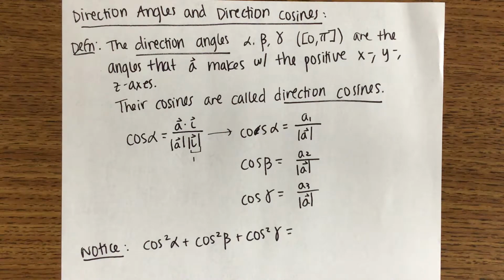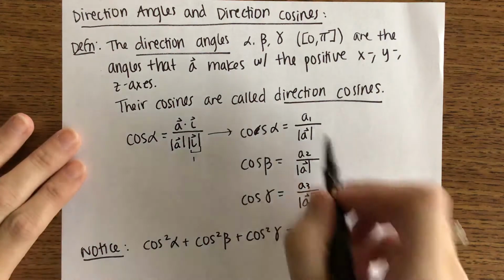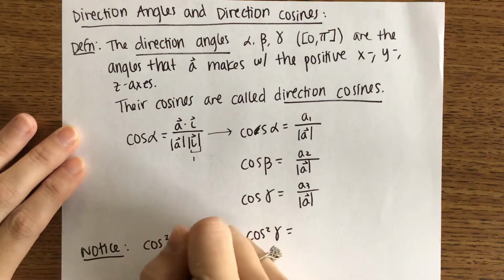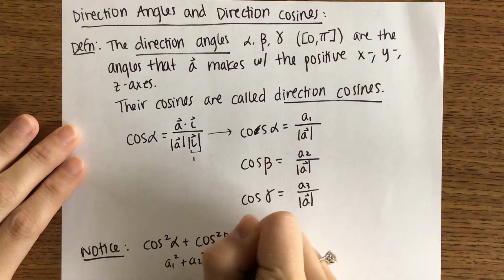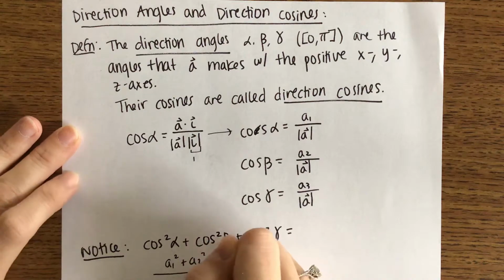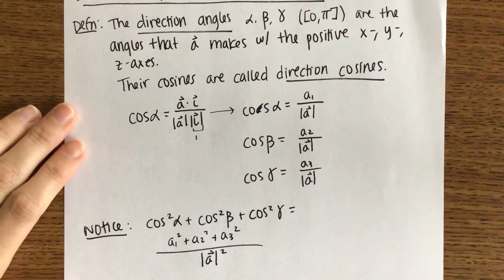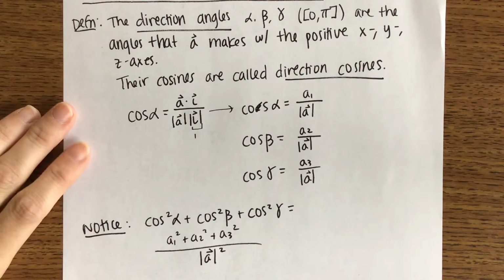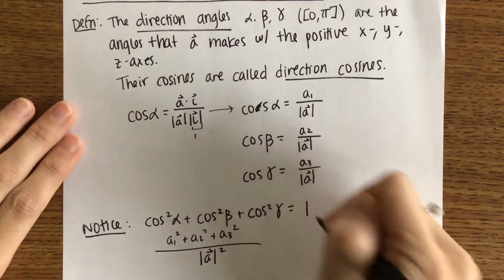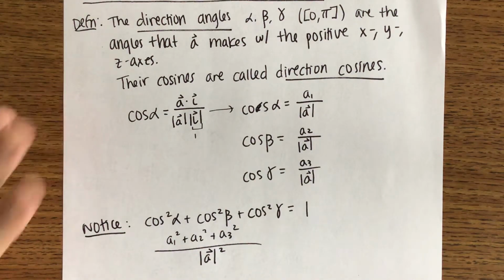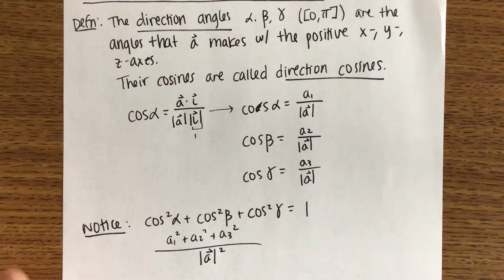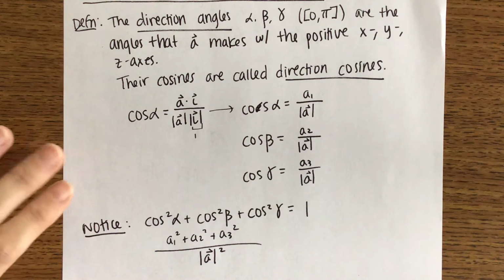Okay, let's square all those, add them up. You get A1 squared plus A2 squared plus A3 squared all over the norm of A squared. But what is that? One. Just one. Are you guys with me? Okay, good.